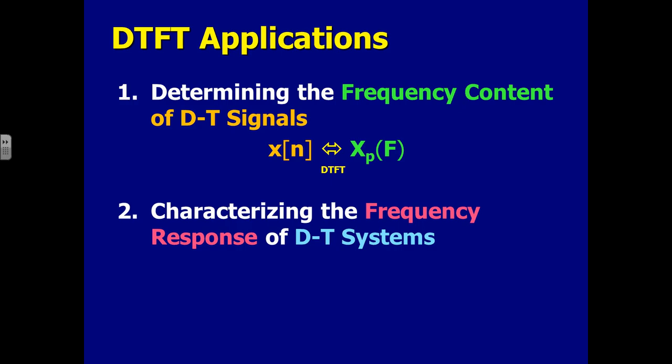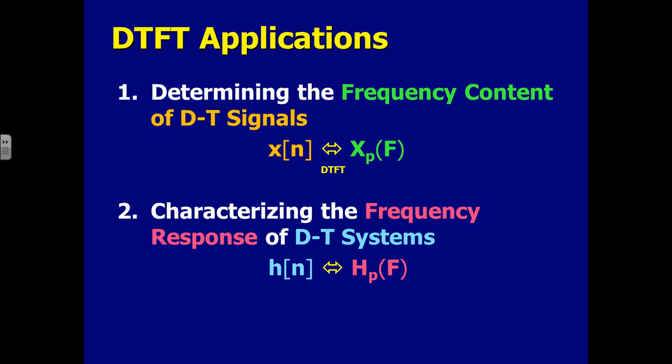Now, the discrete time Fourier transform is generally used for two purposes. If we apply it to a signal, the result that we'll get is telling us something about the frequency content of the discrete time signal: what frequencies are present in the signal and how much of them are there. If we apply it to the unit sample response of a system, then the discrete time Fourier transform gives us the frequency response of that discrete time system.